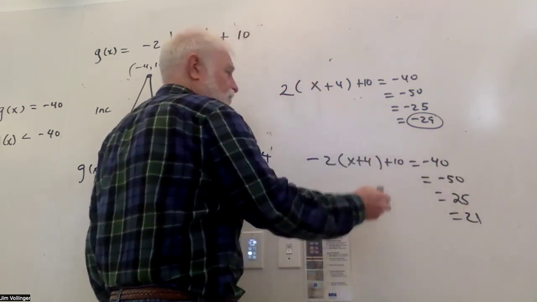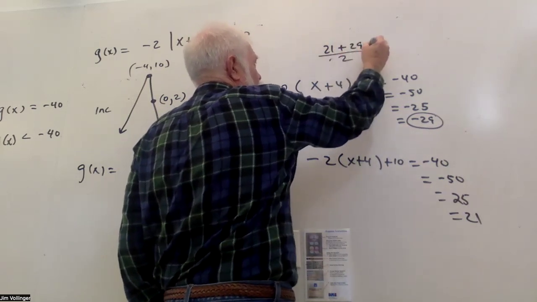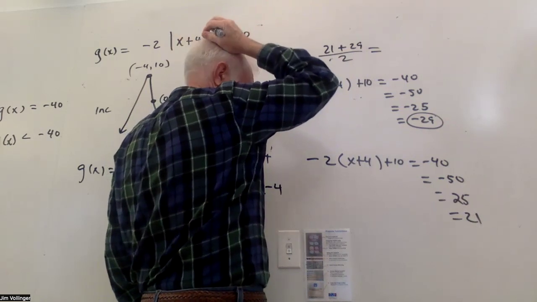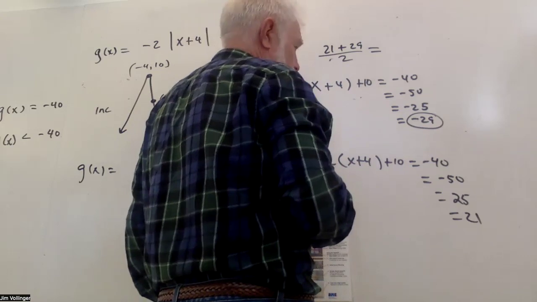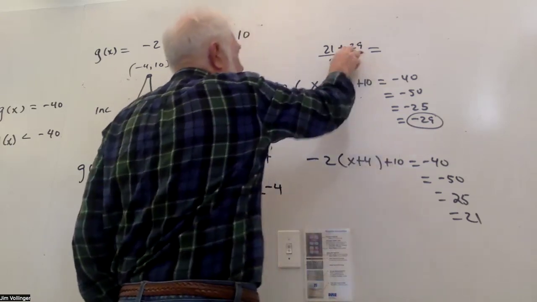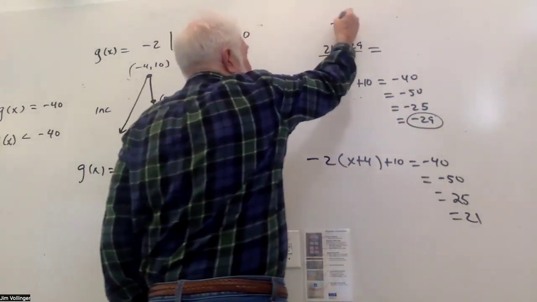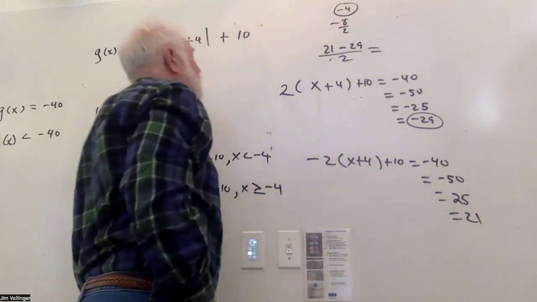And just a trick of the trade, 21 plus -29 divided by 2 is equal to, I wanted the heights, excuse me. Oh, -29, that's why. So 21 minus 29 is -8 divided by 2, which is -4. That seems to be a really important number.